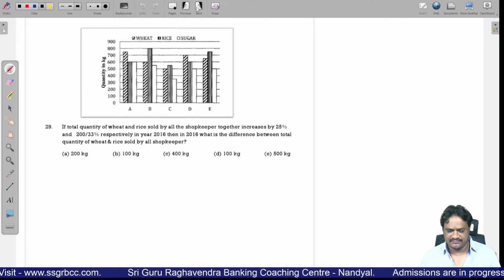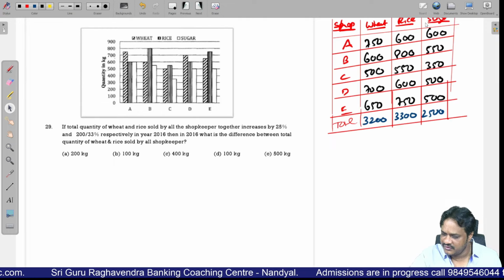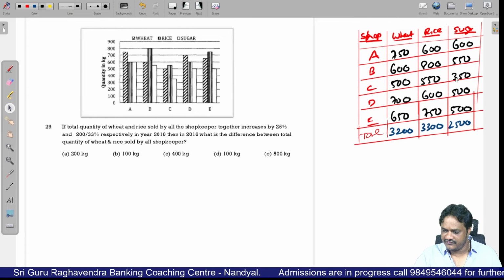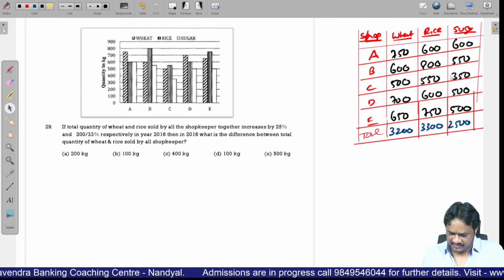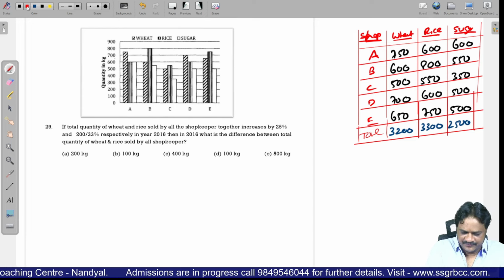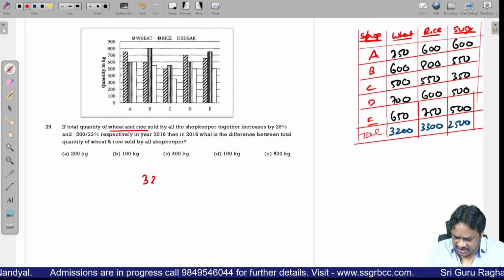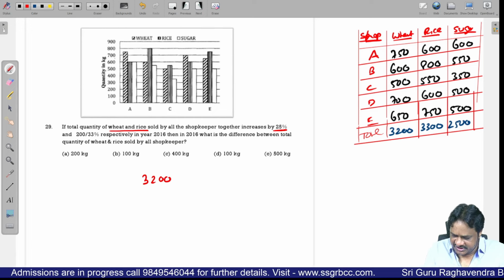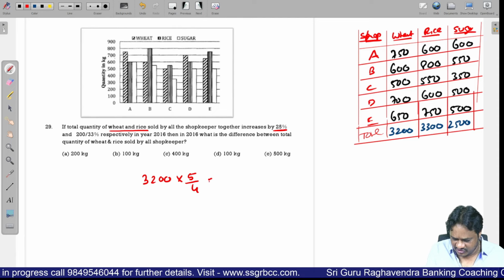Next question. If the total quantity of wheat and rice sold by all shopkeepers is increased by 25% and 200 by 33% respectively. First take wheat. Total wheat is 3200, increased by 25%, which means multiply by 5 by 4.